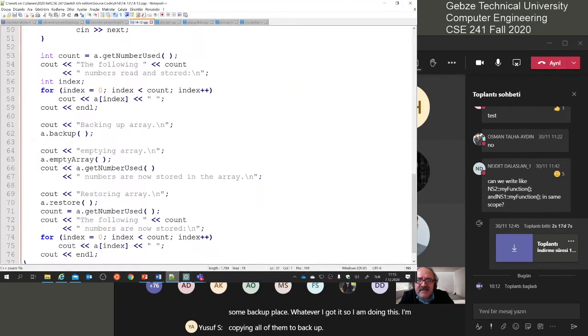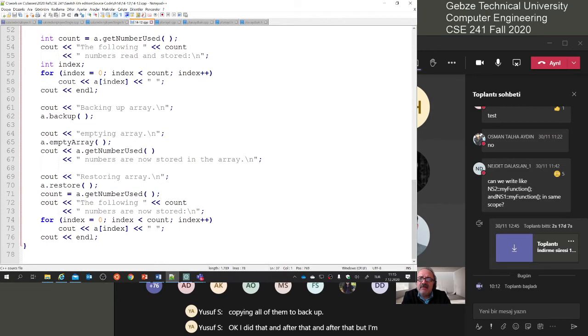After I take the backup, I empty the array. What does empty array do? Remember what empty array does? Does anybody remember the implementation of empty array?